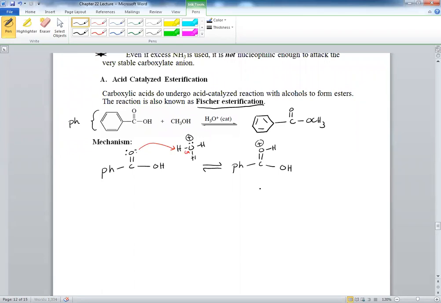So what happens next is you have the nucleophile attack. In this case, the alcohol, so methanol in this case, is going to attack.